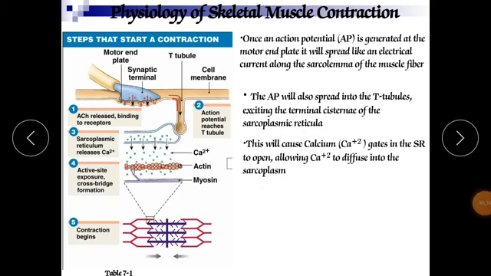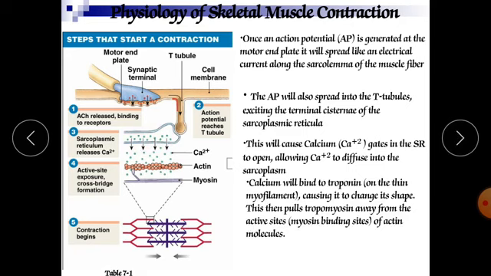This will cause calcium ion gates in the sarcoplasmic reticulum to open, allowing calcium ions to diffuse into the sarcoplasm. The voltage-gated channels release the calcium from the sarcoplasmic reticulum, and the free calcium will bind with the troponin on the thin microfilament, causing it to change its shape.